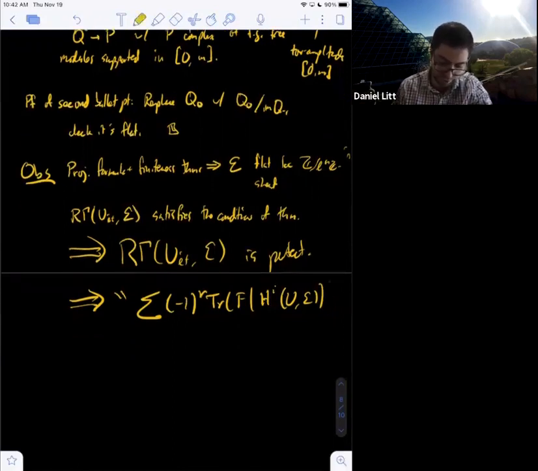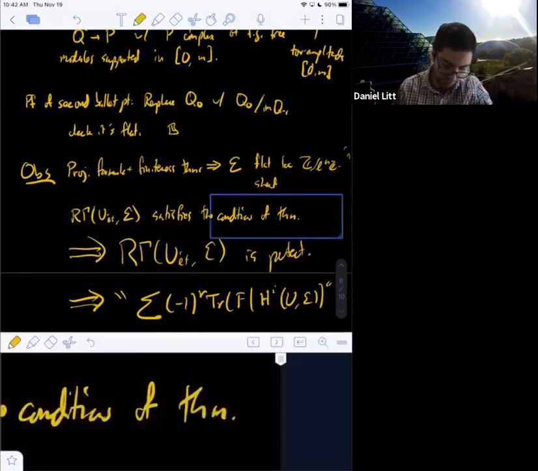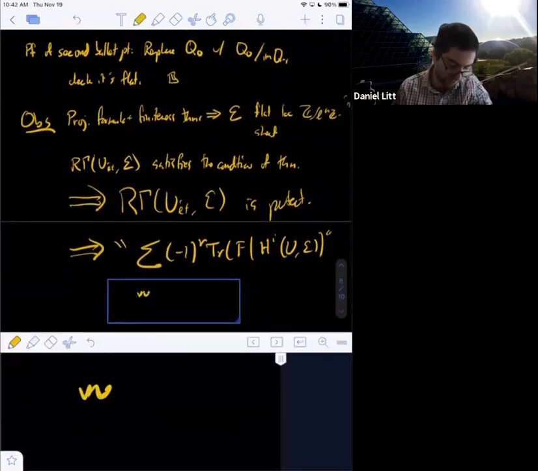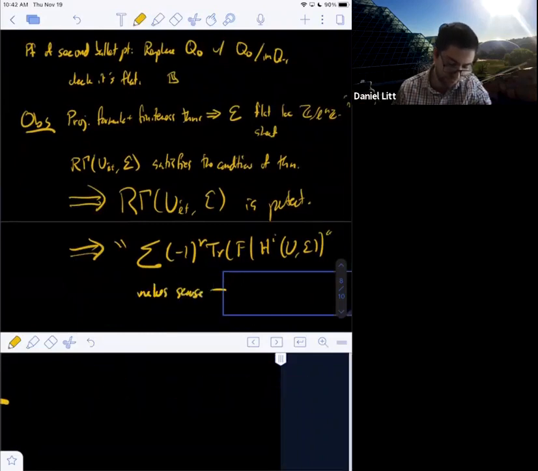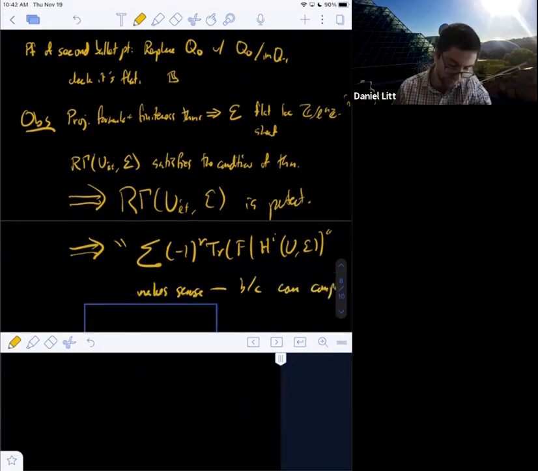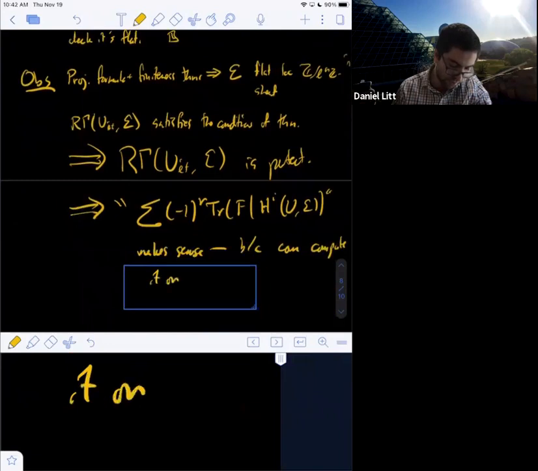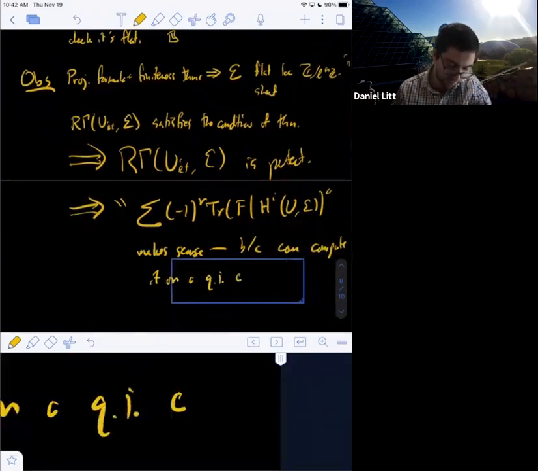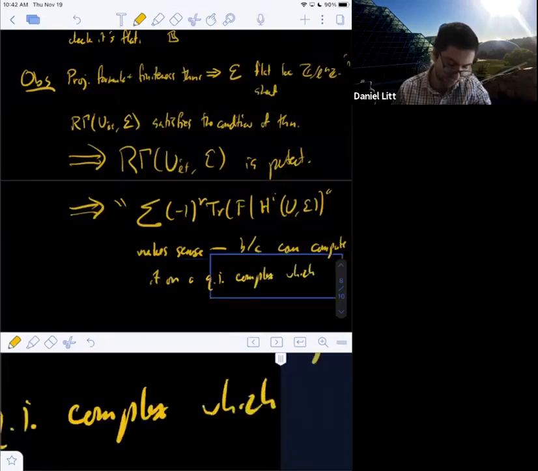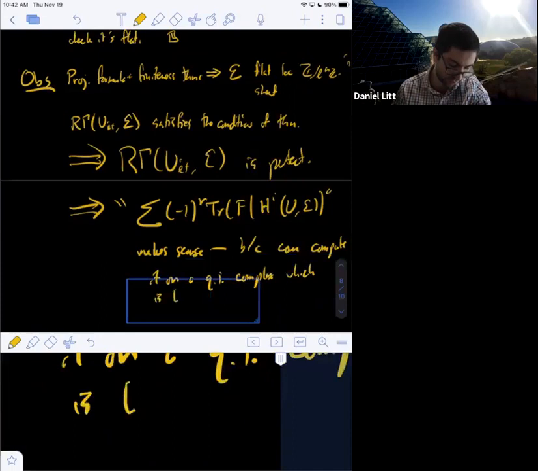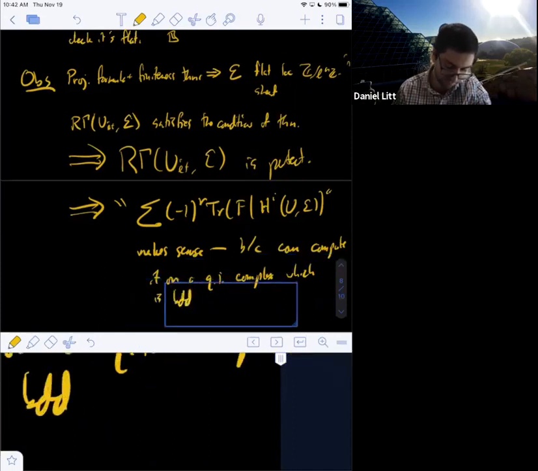So at least this trace, I put it in quotes, this alternating sum makes sense by the previous proposition because we can compute it on a quasi-isomorphic complex, which is bounded and consists of finitely generated free modules.